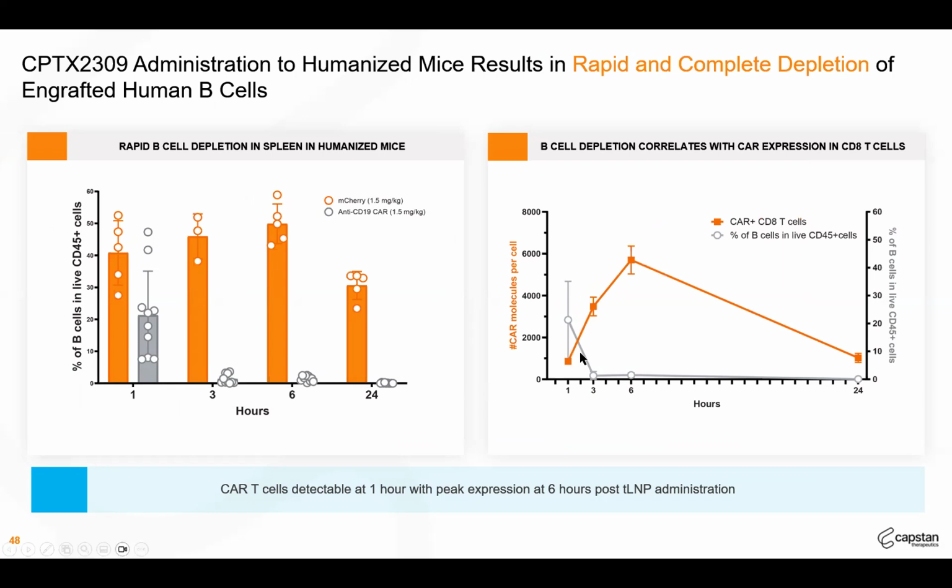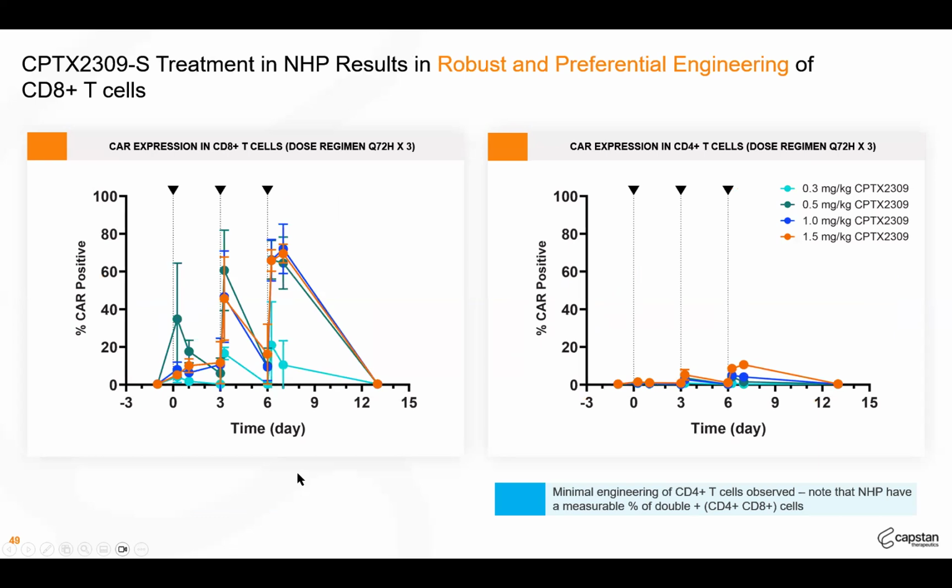And that B-cell depletion correlates with the CAR expression in CD8 cells. And in non-human primates, this is multiple administrations. This is looking at the CAR-positive cells at different doses. And you can see this dose response and increasing area under the curve with each subsequent administration.